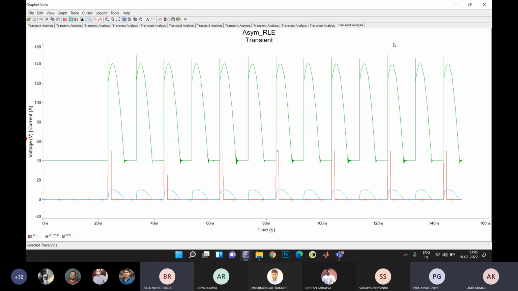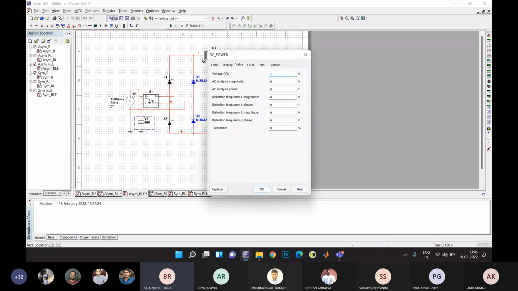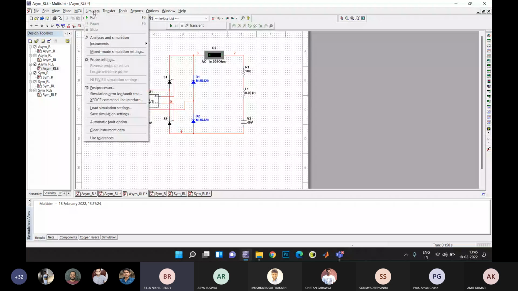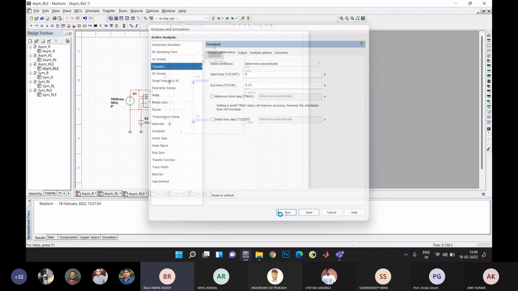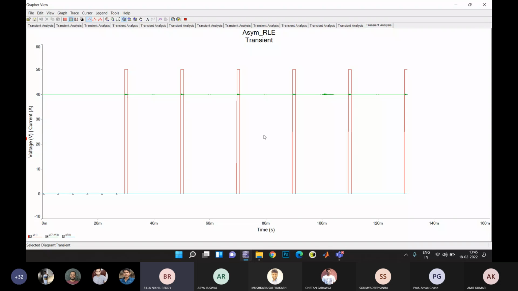Now make it 170 degree. Sir, this is the result for firing angle 170.